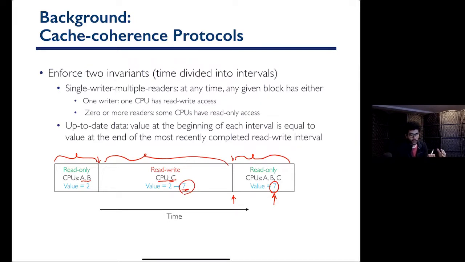As long as your protocol gives me these two, I'm happy. You have implemented a cache coherence protocol. That's the requirement for any protocol that does the job. Now, there are so many different protocols, and they have trade-offs. One of them is good in something, the other one is good in something else.